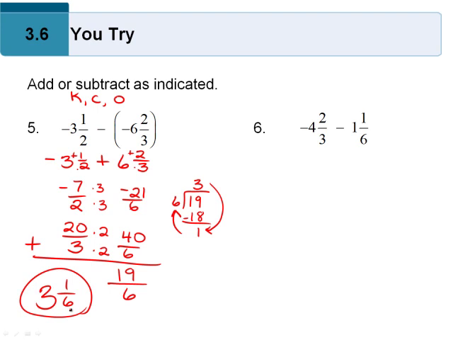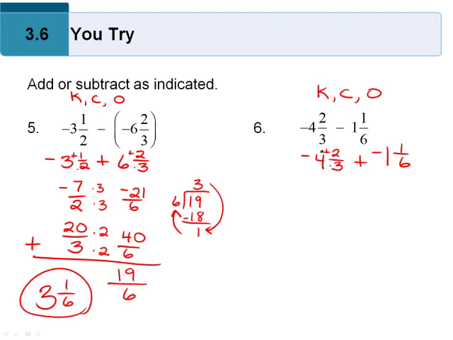Okay? Number 6. Same thing again with that subtraction, because you've got all those minus and negative signs at the beginning. You want to do keep change opposite. So it's going to be negative 4 and 2/3 stays the same. Change it to addition, and the opposite would become negative 1 and 1/6. Okay?